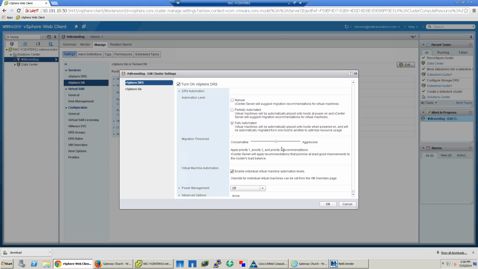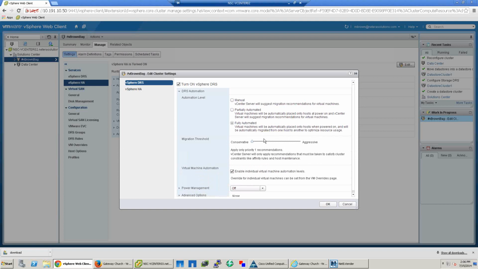If you have application owners or end users that are picky about seeing their virtual machines move around, perhaps you're being forced to turn this migration threshold down, or even almost off. The idea is it only kicks in when you have to put a host in maintenance mode or something similar. This is your migration threshold.